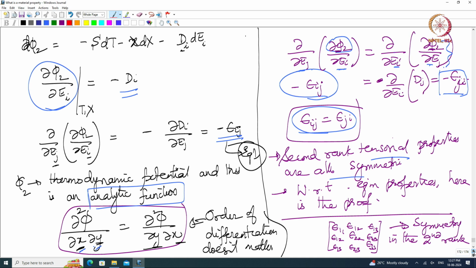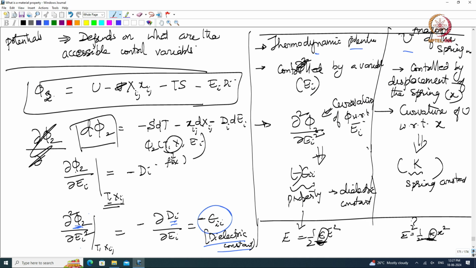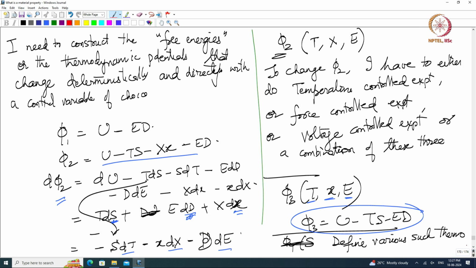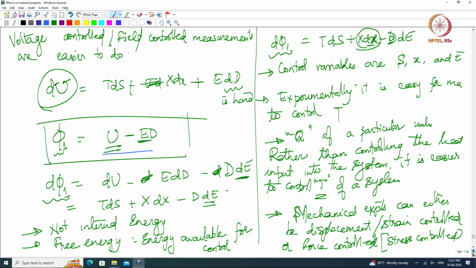So, I can go back to my u. For example, where is u? If I look at du, so du is already dependent on strain.